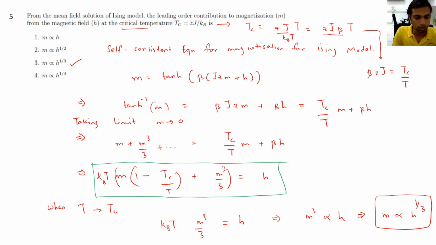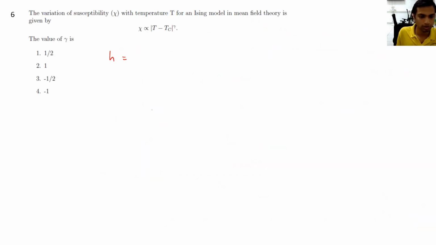So H is equal to kBT m(1 minus Tc by T) plus m cube by 3. Okay, this is your expression for H. Now all you need to do is to find susceptibility.